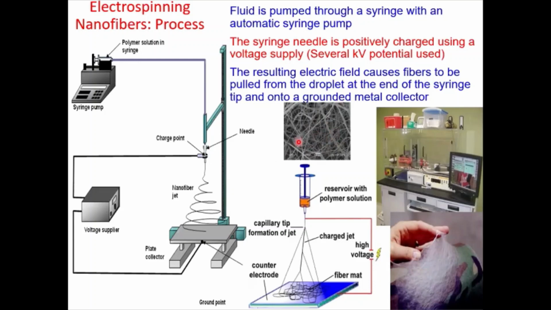So this fluid pumping, you control with the controller with the automatic syringe, and the positively charged voltage which goes to kilovolts, you can control with the voltage supply. Though it looks like a simple thing, it's not so simple. You have to optimize and get the proper fibrous nature, whatever solution you spray, and it gets deposited onto the collector.